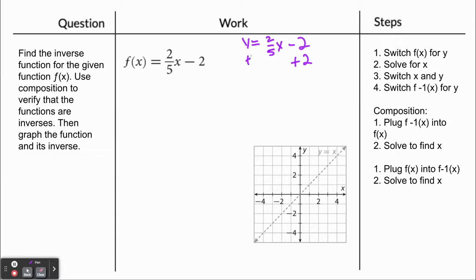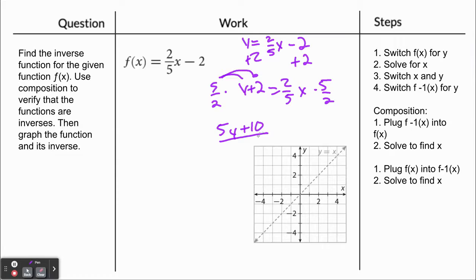So I'm going to add 2 to both sides. So y plus 2 equals 2/5 x. Then I'm going to divide both sides by 2/5 or multiply by 5/2. I'm actually going to distribute this into both to get (5y plus 10)/2 equals x.